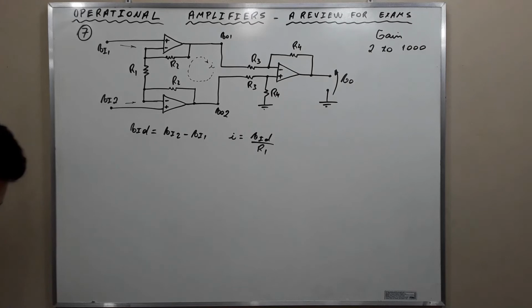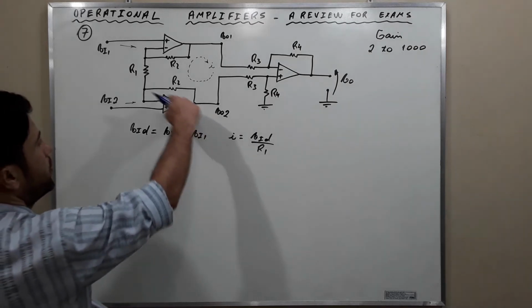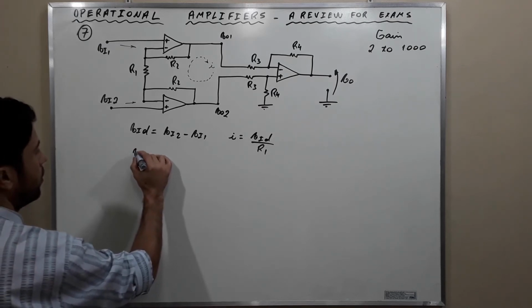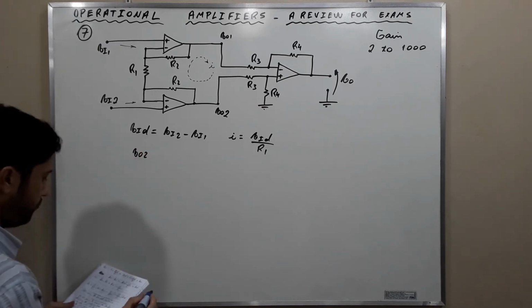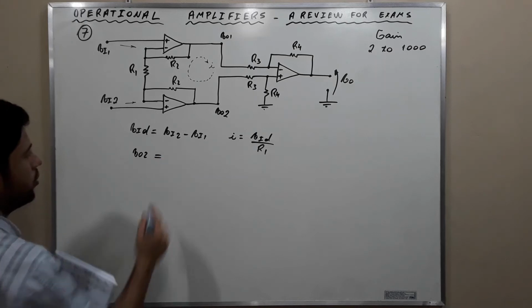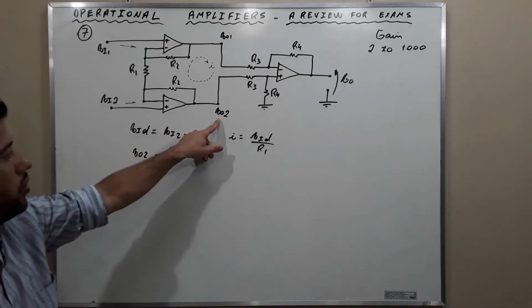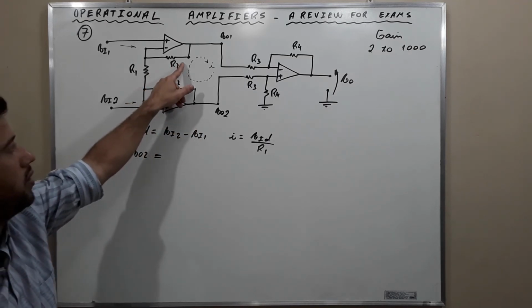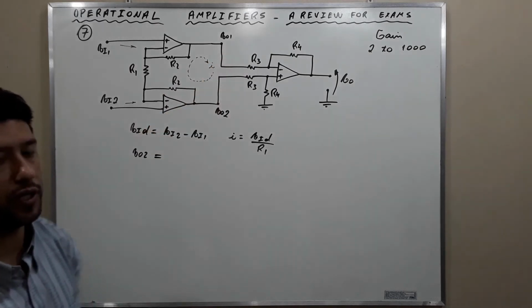The potential difference follows the path of current. Then we can say that VO2 is equal to the voltage drop here, plus the voltage drop here, plus the voltage drop here, plus this voltage here.